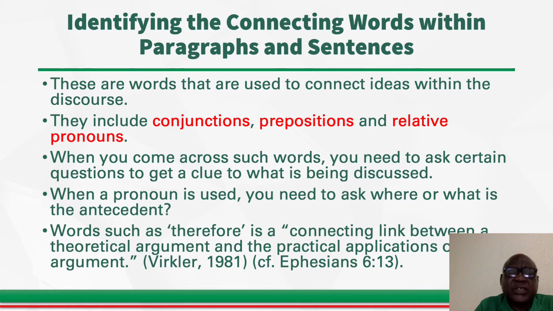When a pronoun is used, you need to ask what is the antecedent of the pronoun. When words like "therefore" come up, you should know that this is connecting a theoretical argument and possibly a practical application. We can take a good example in Ephesians chapter 6, verse 13.